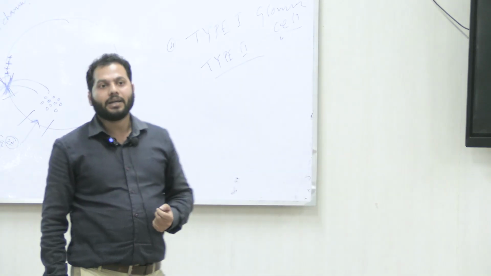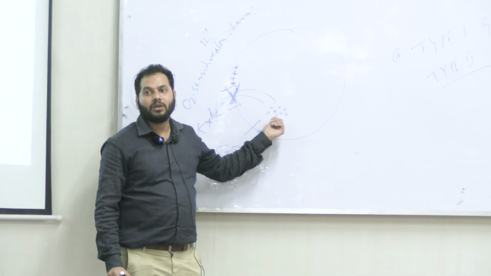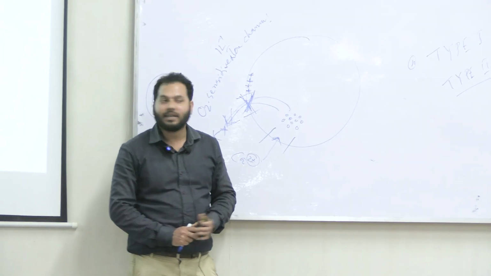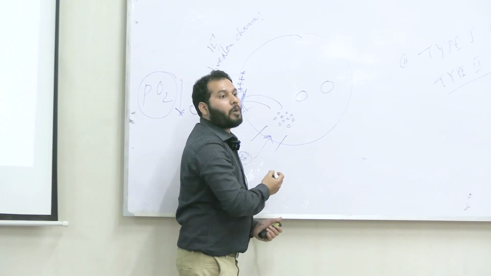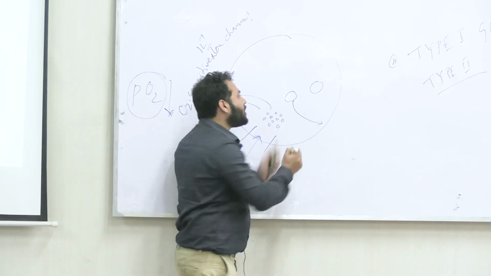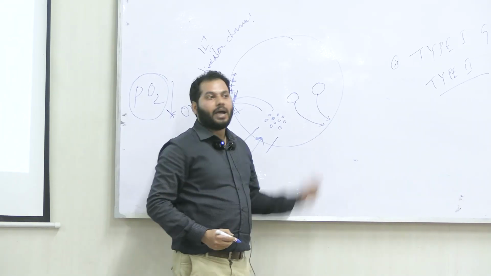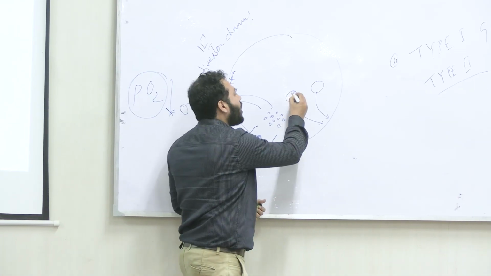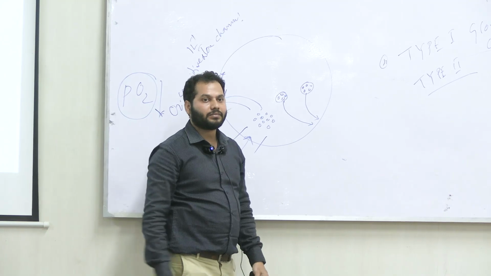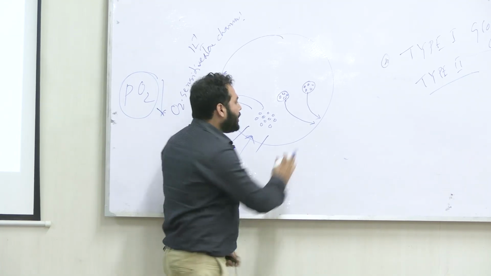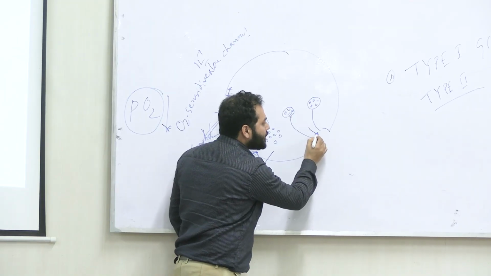But here, what is the role of calcium ion? The role of calcium ion is that it helps the proper movement of these vesicular structures towards the membrane. And these vesicles contain the granules called neurotransmitter, right? And also it helps in the exocytosis process.